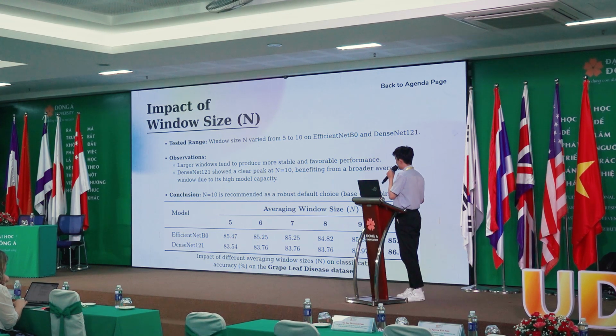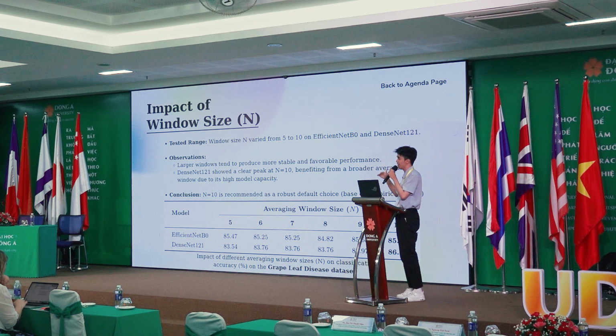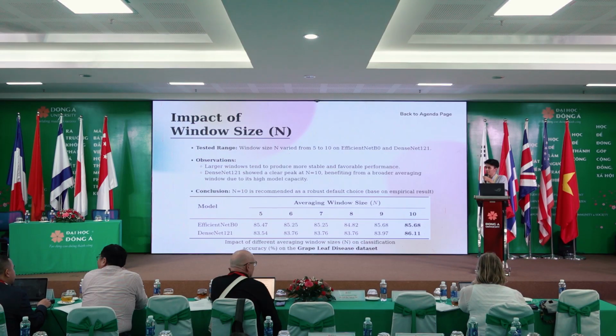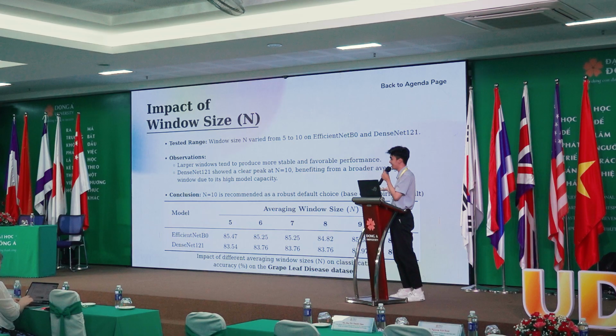So you have to set it below the amount that you set for early stopping. In this case, I experimented on two datasets, and I set early stopping at about 11 to 15. I recommend a window size of 10. That's the most important.